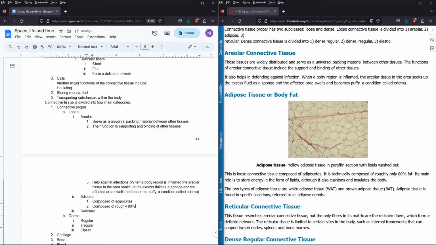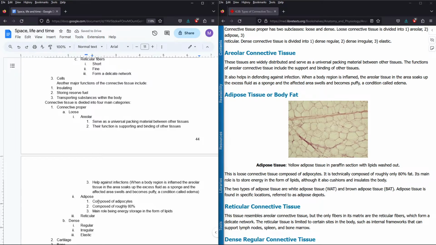Only. Main role is to store energy, in the form of lipids, as the question says, the body.